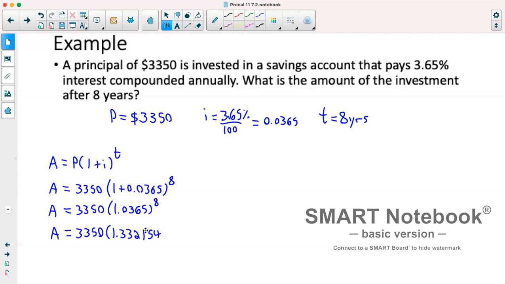So just like I mentioned yesterday, it's important for us to keep as many decimals as possible. We'll multiply those two together. And after 8 years, we are left with $4,462.72 in the account.